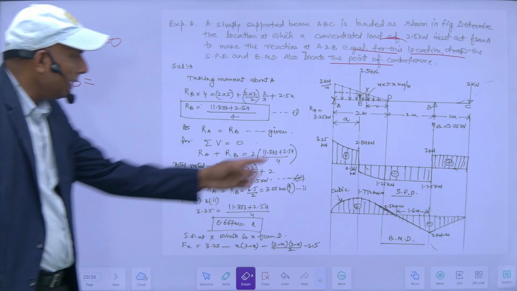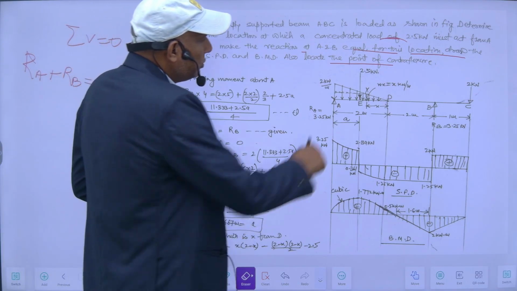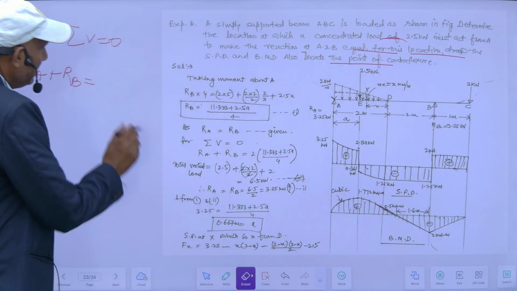So this is RA, this is RB. RA plus RB, the vertical upward load, should be equal to the vertically downward load.